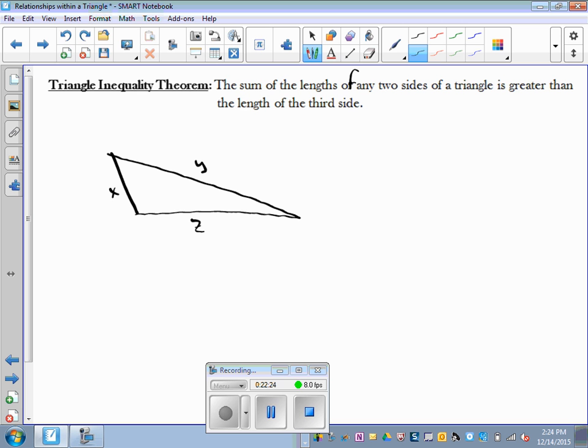If you add up any two sides, it must be greater than the third side. So if I add x and y together, that has to be larger than z. If I add x and z together, that has to be greater than y. If I add y and z together, that has to be greater than x. So any two sides added together has to be greater than that third side in order for it to be a triangle. If that's not the case, then it's not a triangle.